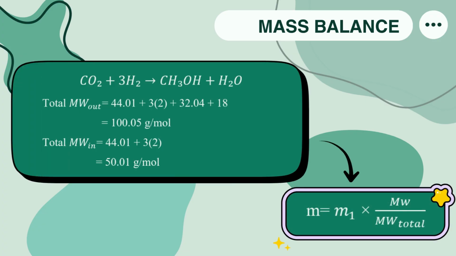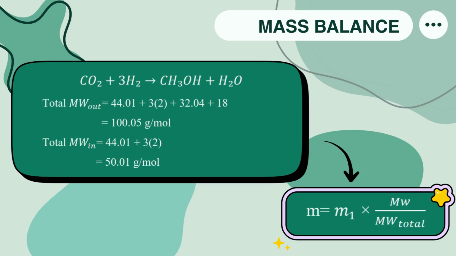To calculate the mass balance for the reactive unit, first we have to calculate the molar weights for the inlet and the outlet. Firstly, for the outlet, we added the molar weights of carbon dioxide, hydrogen gas, methanol, and water because those four components are present as products, while for the inlet, it is only the molar weights of carbon dioxide and hydrogen gas.